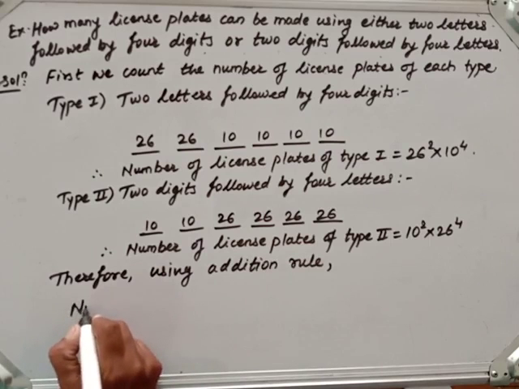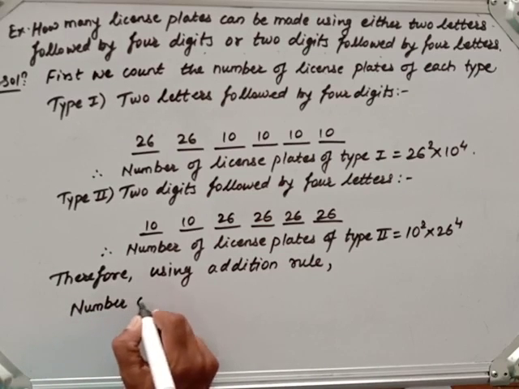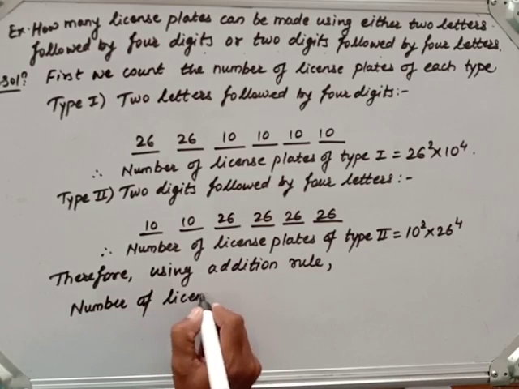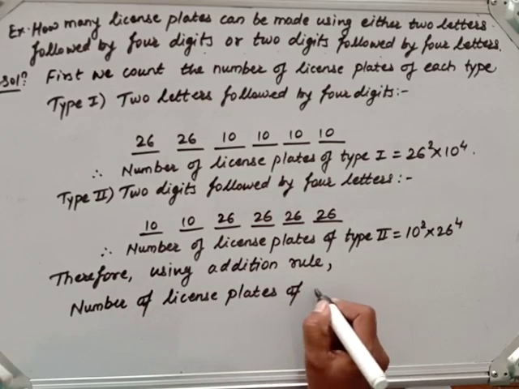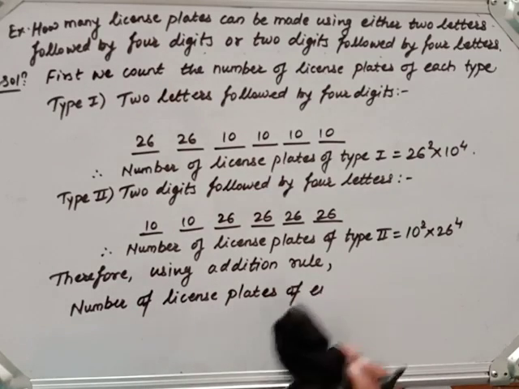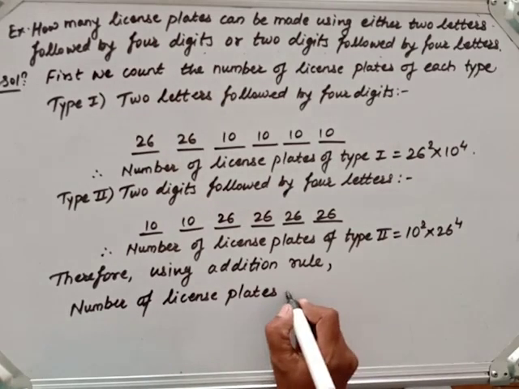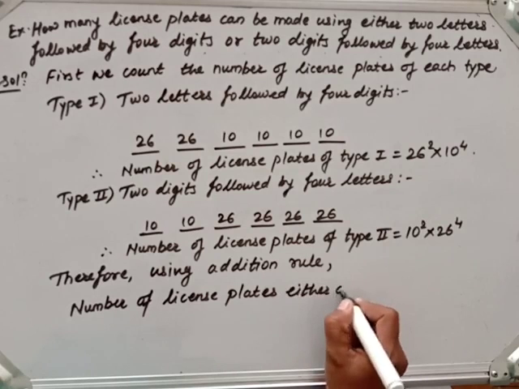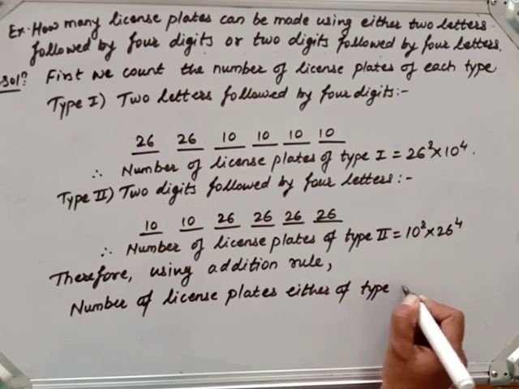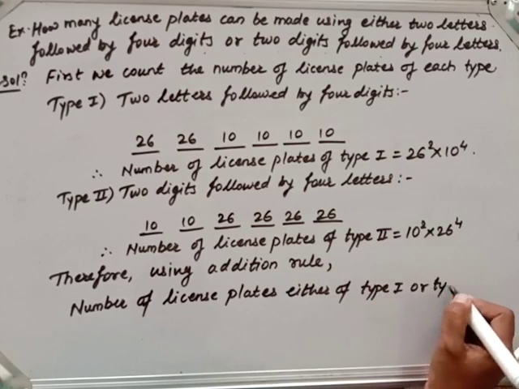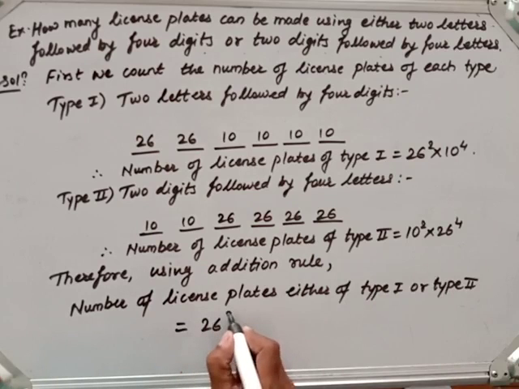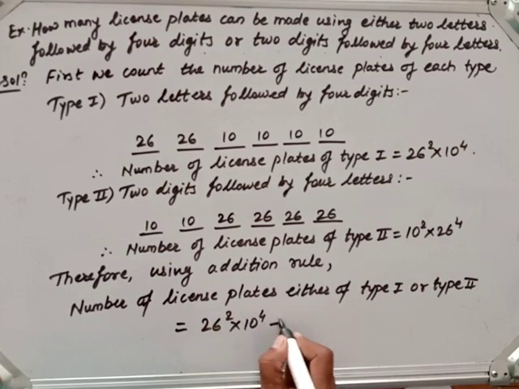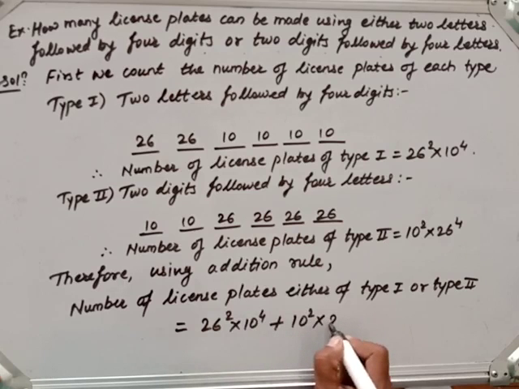The number of license plates of either type 1 or type 2 is equal to 26 squared times 10 raised to power 4 plus 10 squared times 26 to the power 4.